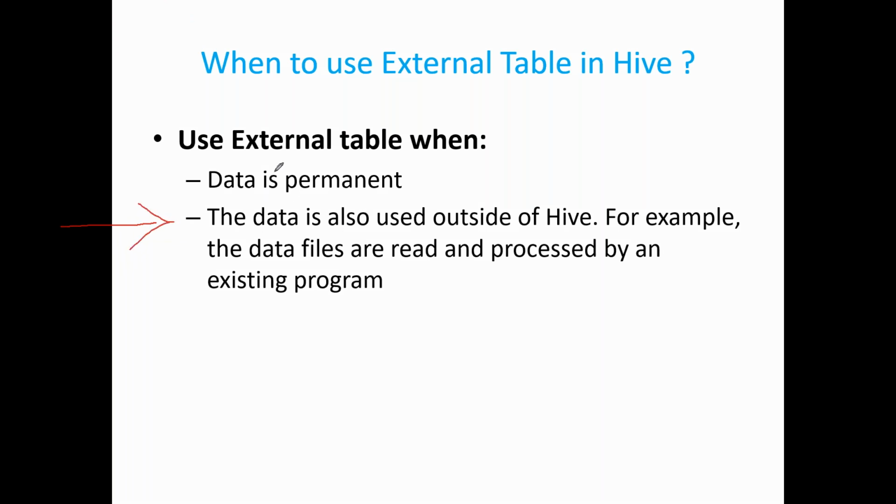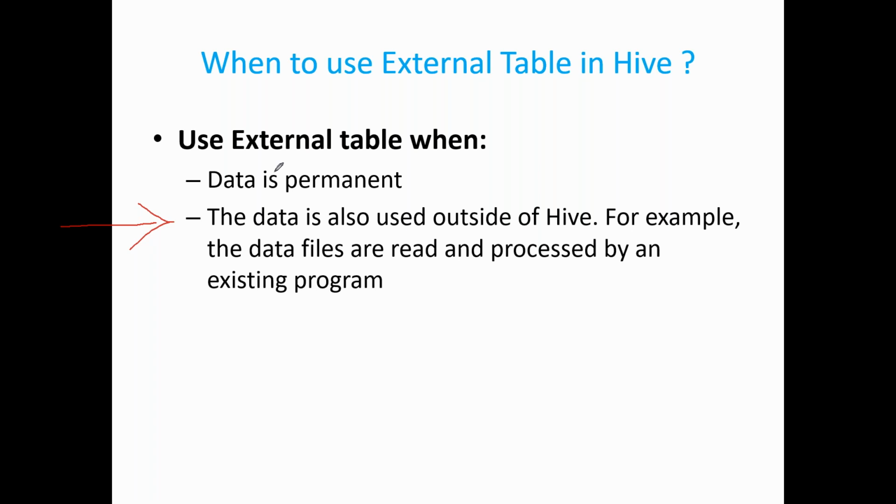We will use an external table in Hive, especially whenever you feel that the data you're going to use is permanent. Right now we are just using Hive, but going forward we'll see how to use Hive with other components in the big data world.